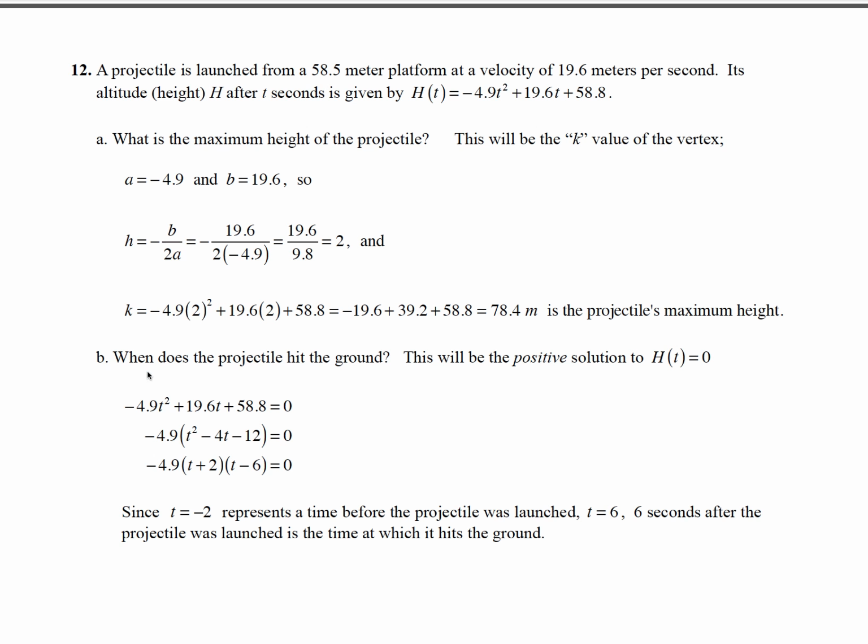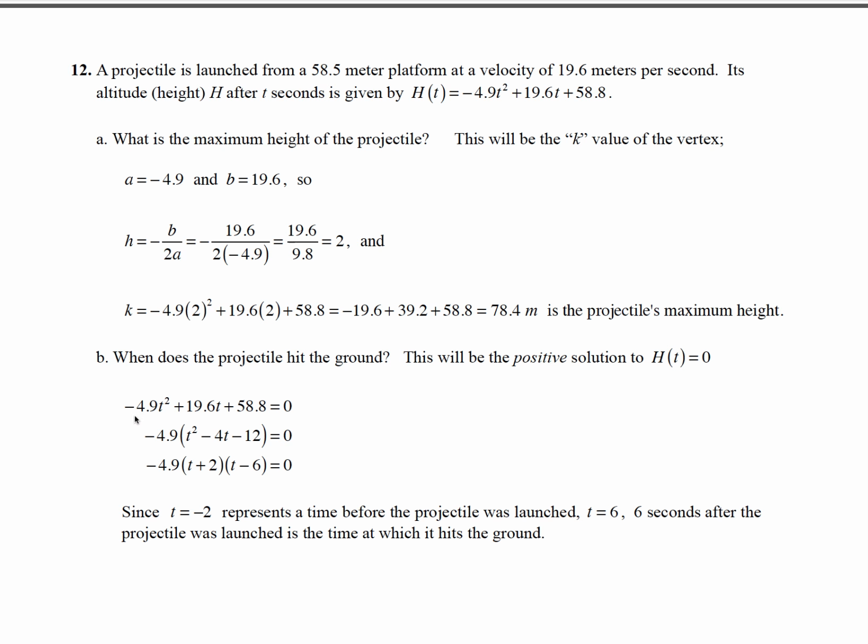Now, when does the projectile hit the ground is the question in part B, and that's going to be the positive solution to this function set equal to 0. When the height is 0, obviously, is when it hits the ground.